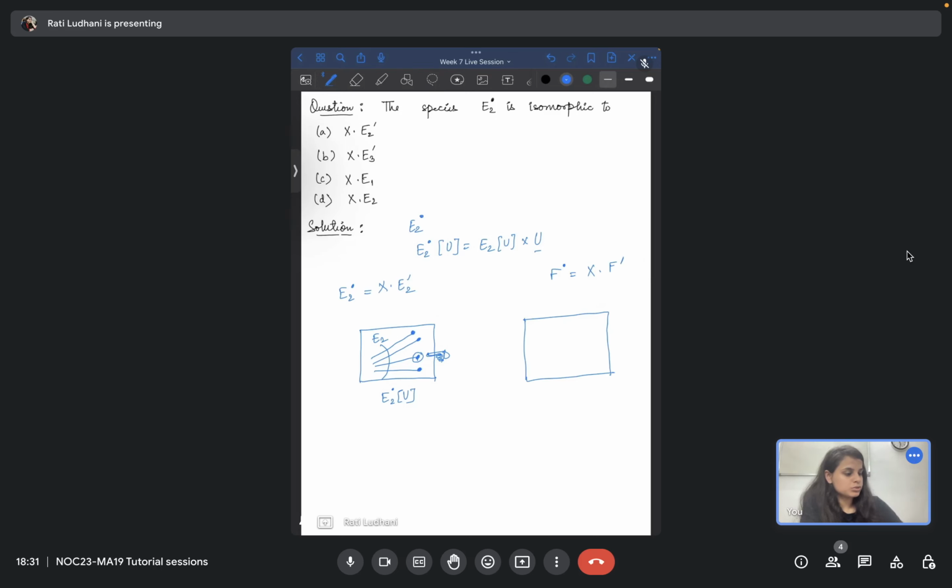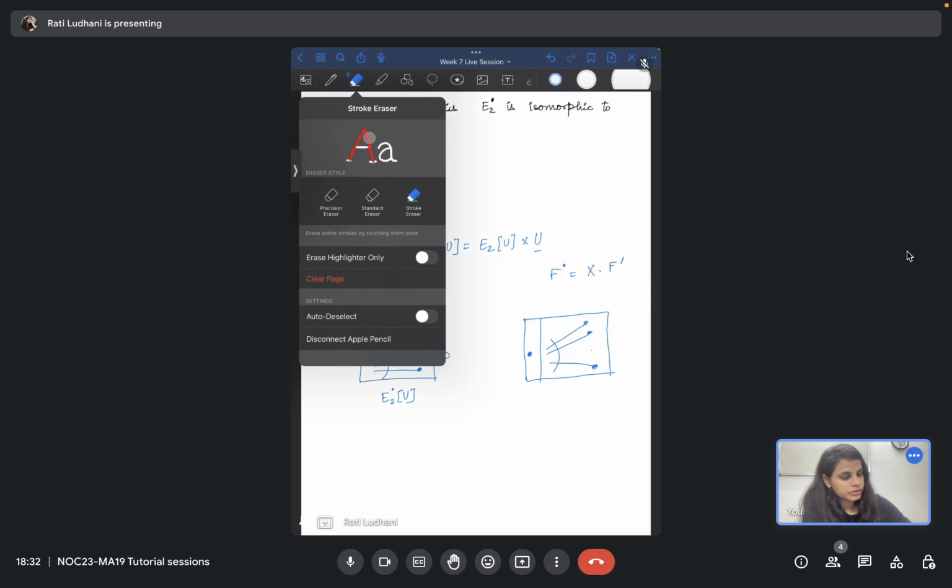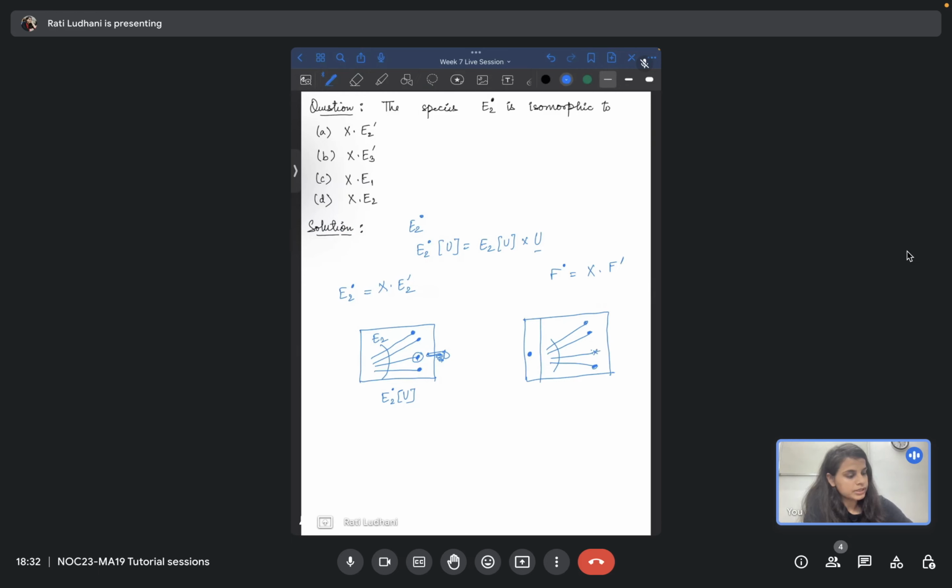How to see it in the picture: for the pointed one, you take E2, remove the pointed element and separate it out, and at this place you take one extra element, that is F dash.